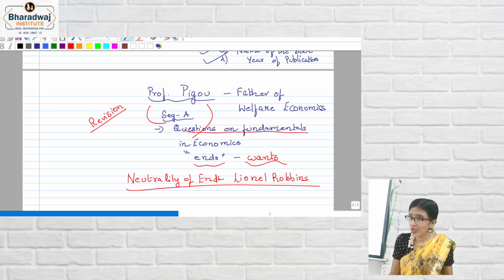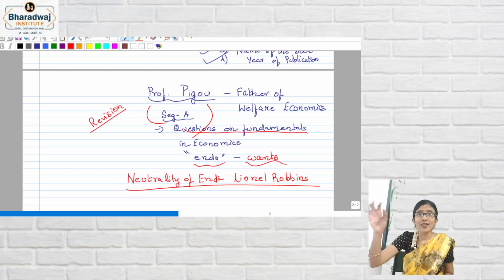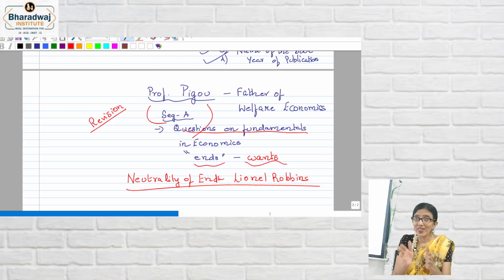Alfred Marshall said we have to include only production of goods in economics. We do not include services. We will include only, not all goods, those goods that promote well-being of human beings. We will not include what? Hazardous substances, like liquor or alcohol or drugs, they cannot be included in economics.